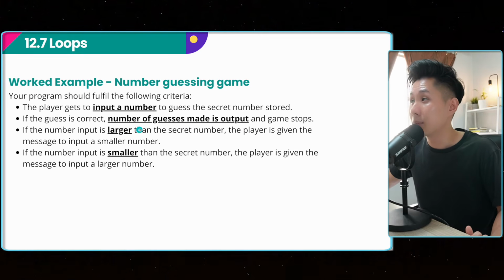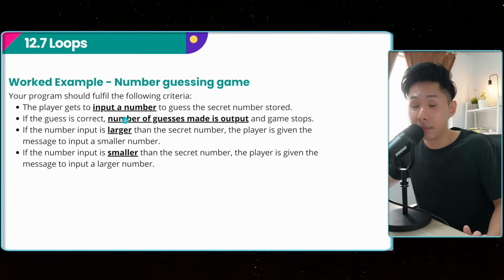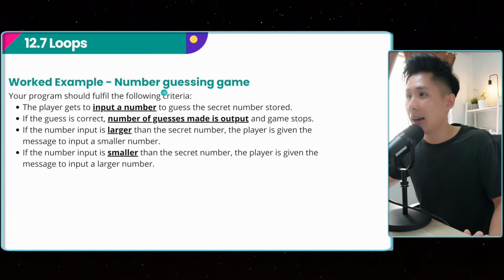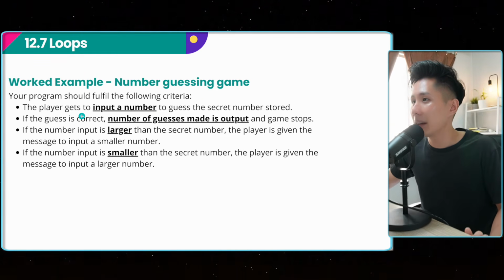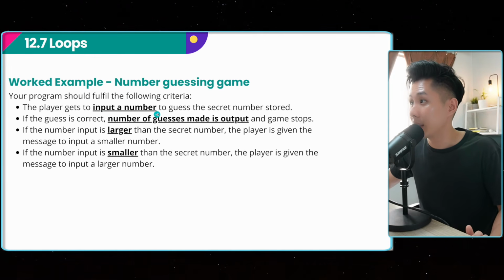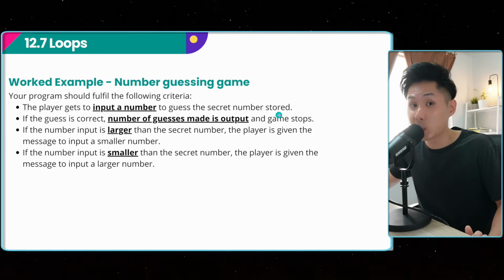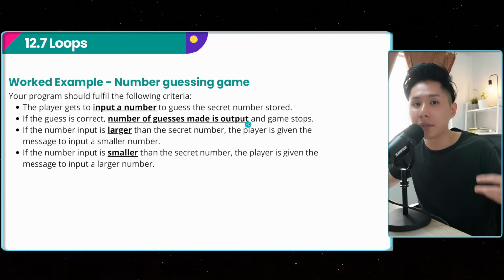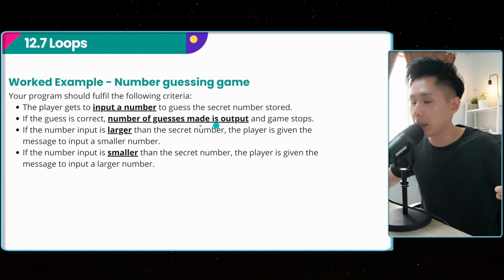So I have another program here, called the number guessing game. It's going to be a little difficult. I want you to try it to practice your while loop and repeat until structure. Your program should fulfill the following criteria. The player gets to input a number to guess the secret number stored. If the guess is correct, the number of guesses made is output. So if you try 3 times, the program will say you have tried 3 times.